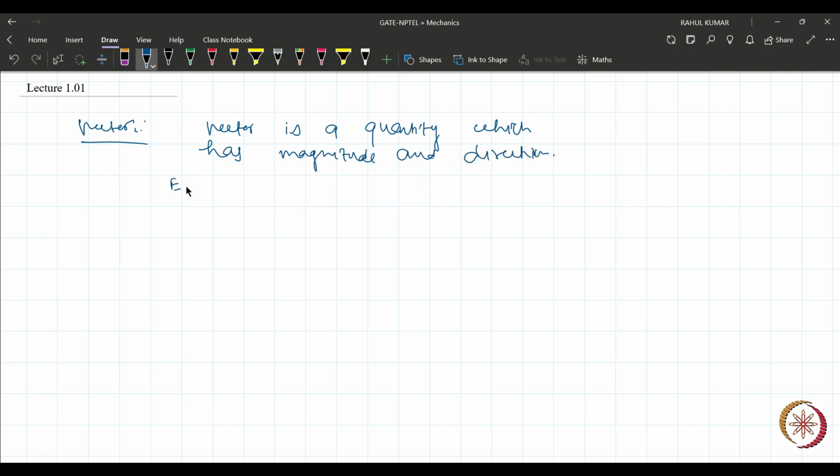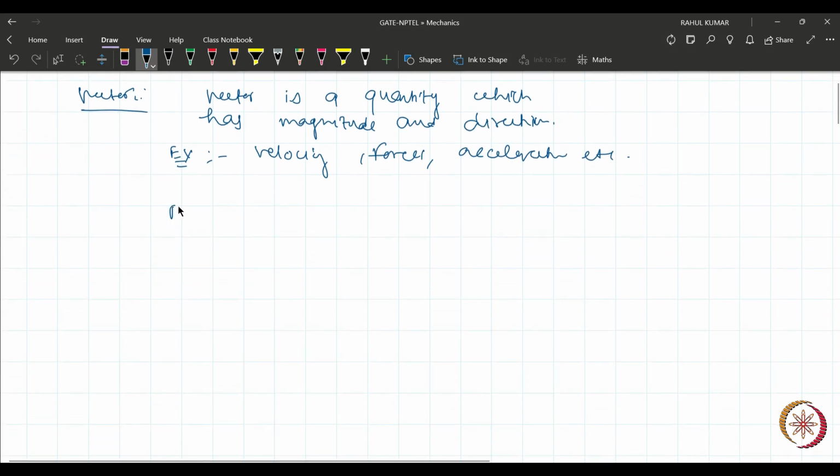For example, velocity, force, acceleration, etc. Definitely if you talk about force, then the force vector can be written as the magnitude of F and its direction. Here n signifies the direction of force F. So in vector quantities, we always talk about two things, magnitude and its direction.